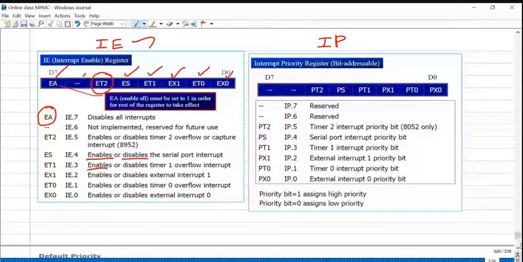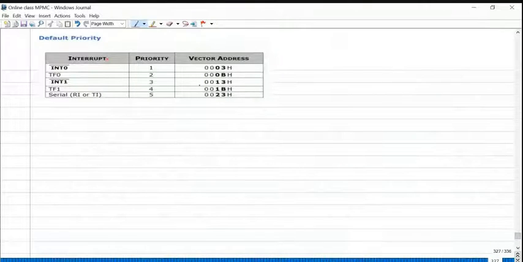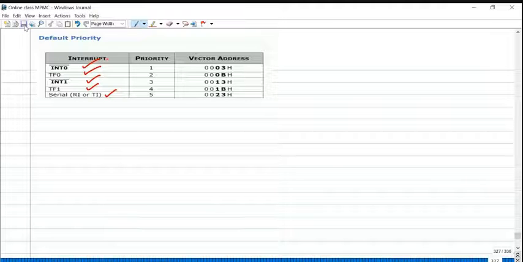On reset, once the microcontroller is reset, the priority is like this: INT0 is the highest priority, then timer 0 overflow flag interrupt, then INT1, then timer 1 overflow flag interrupt, and finally the serial interrupt. This is the priority level. By default, all the external interrupts are level triggering, particularly low level triggering. The pin must be held at 0 for a minimum of 4 machine cycles.